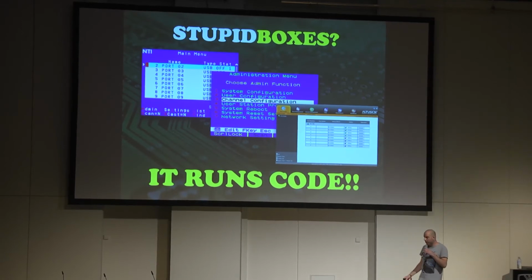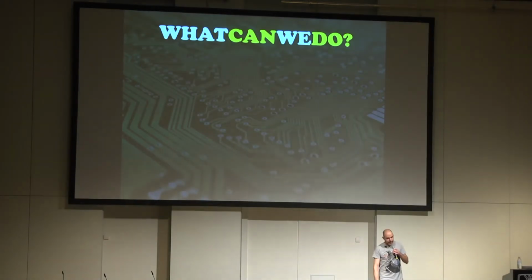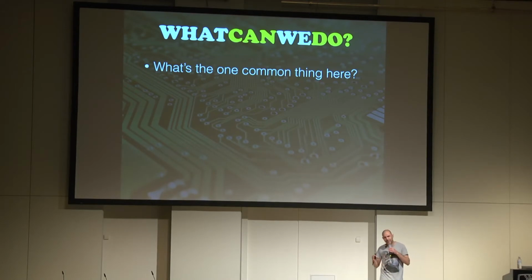We were thinking to ourselves, okay, if those KVMs now run code, then what can we do with them? In order to answer that question, I have another question for you. What is the one common feature between all the features I've just shown you? Well, the one common thing is that all these features require the KVM to be able to process keystrokes.